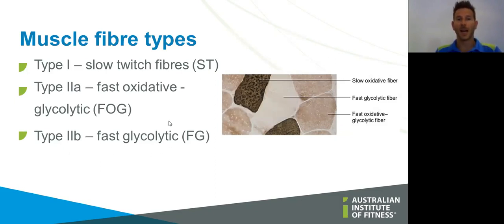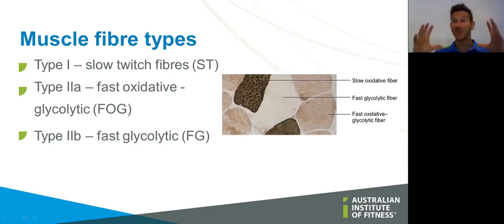These ones here at the end, type 2B fibers, these are fast glycolytic fibers or fast twitch fibers. Now my fast twitch or type 2B fibers are usually anaerobic, so don't use oxygen. These will be looked at as these ones here in a microscope. So they'll actually have very little blood supply because they are so anaerobic in nature.